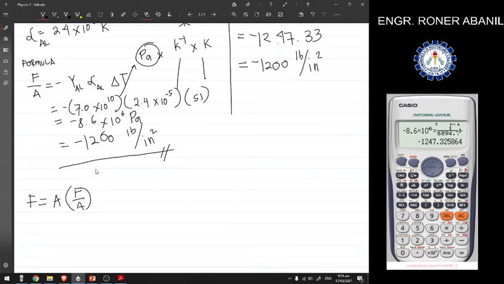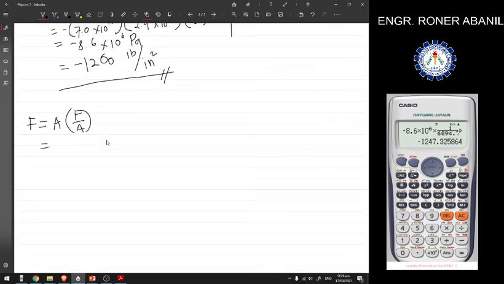Okay? So, yung area, ibinigay niya na, 20 square centimeter. No? So, i-convert natin yun ng meter. Pag i-convert natin yan ng meter, magiging 20 times 10 raised to negative 4.